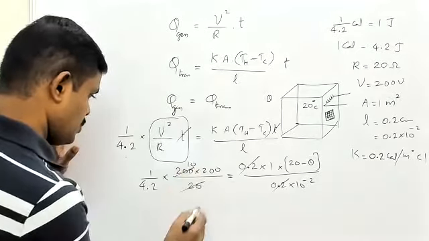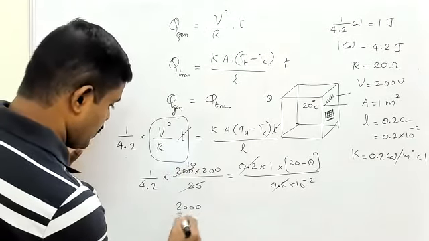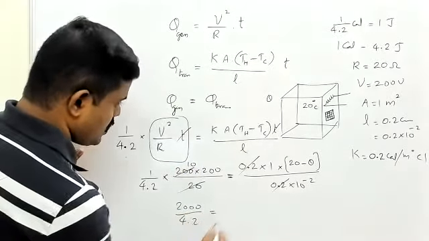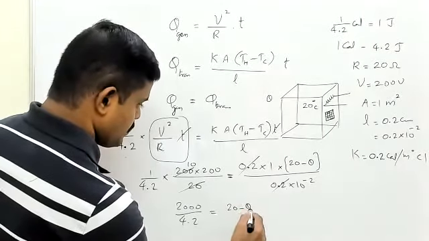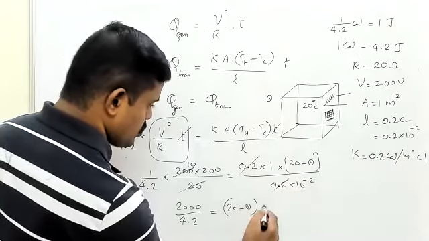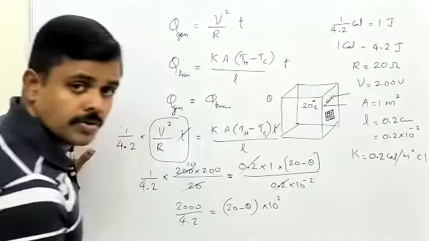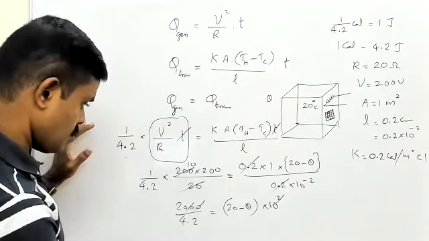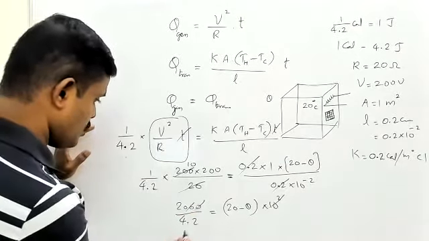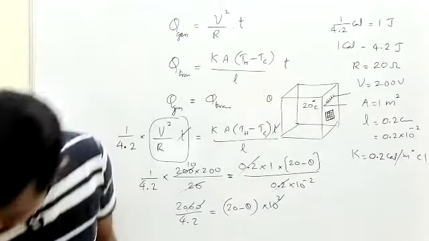This is 10, so it is 2000 divided by 4.2 equal to (20 minus theta) into 10 raised to minus 2. That goes to the numerator as 10 raised to 2, which gets cut with the 2 zeros here. So 20 by 4.2 is 20 minus theta. You have to be very precise in calculating it.